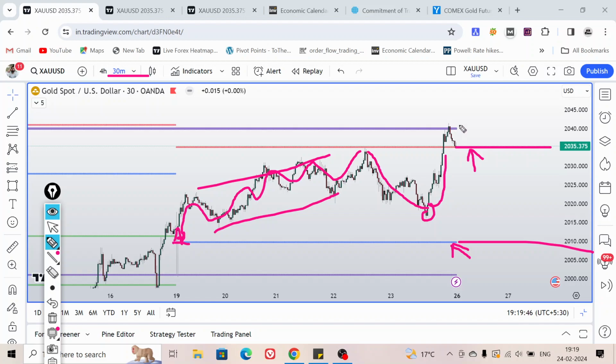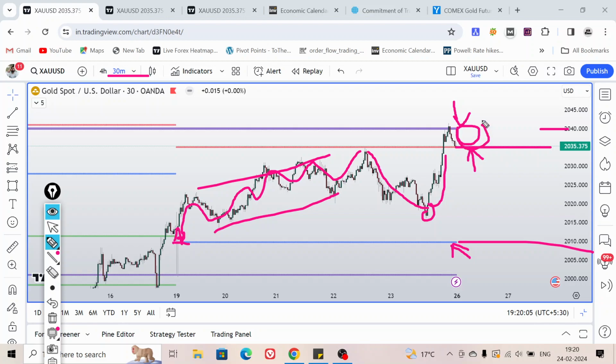So the immediate resistance is of course this weekly pivot 2040 that we already discussed in the price action chart. So the major levels currently that we have to watch are 2040 and 2035.